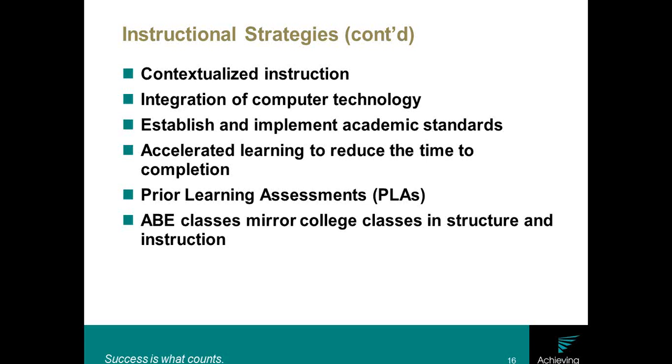Also, the next bullet, establish and implement academic standards, kind of goes with the last one. We want to create our classes so they mirror the way college classes operate. There is a history in adult ed of being more of a community service model, very laissez-faire, easy come, easy go.